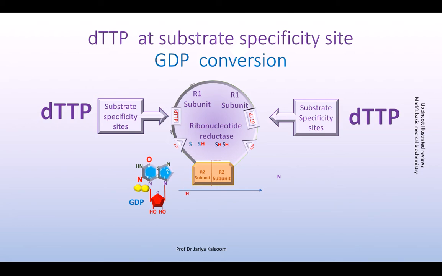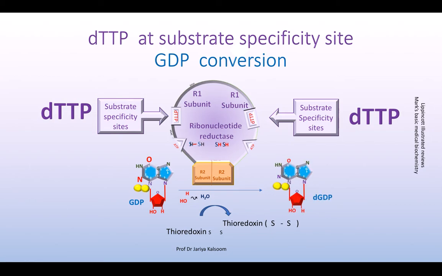So again, the sulfhydryl groups are providing the hydrogen atoms. Hydroxyl group is released as water. The sugar moiety is reduced, and the oxidized form of the ribonucleotide reductase is again reduced by the thioredoxin, and oxidized forms of the thioredoxin is reduced by NADPH, and there is the formation of deoxy form of the GDP.